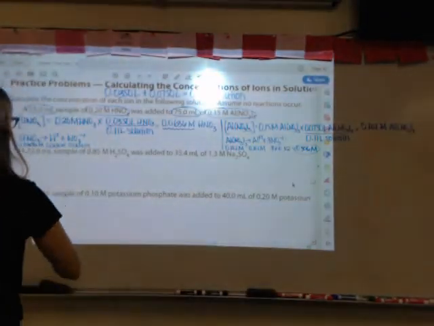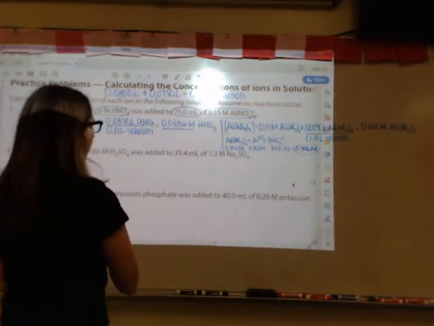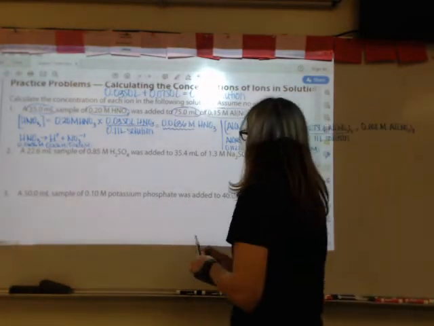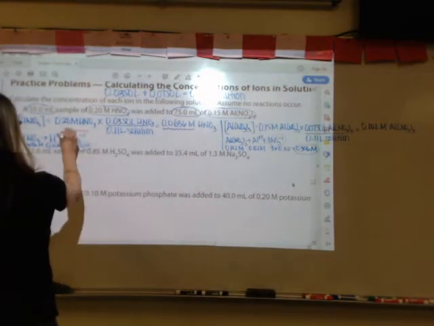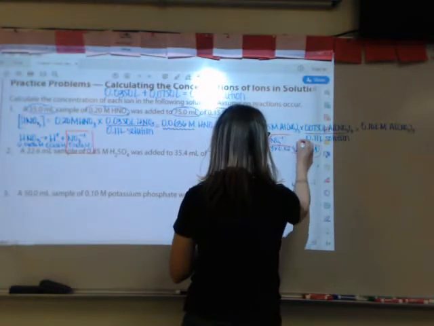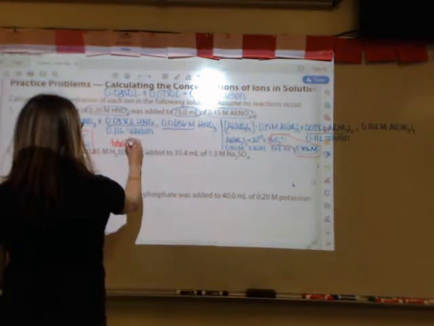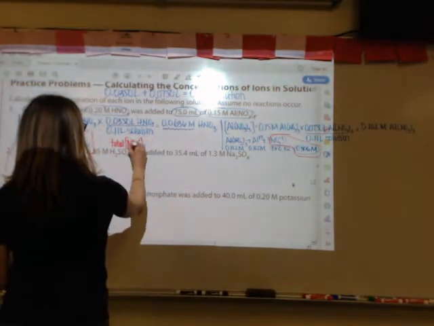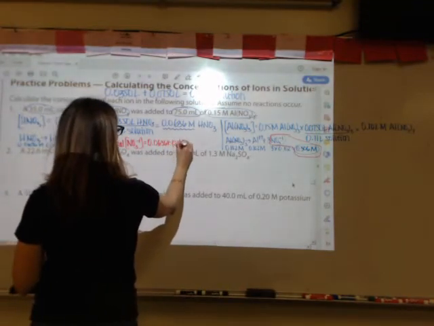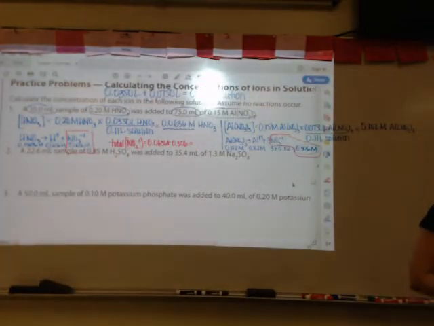Now, the ion that was shared by both solutions was the nitrate ion. So I'm just going to highlight that in red here. You have a nitrate here, and you had a nitrate right here. Okay? So what you want to do is to get the total nitrate ion concentration, you would combine 0.0636 with 0.306 to give you that total concentration.